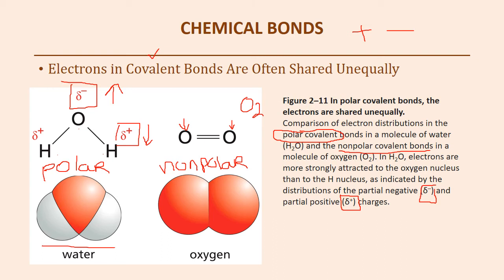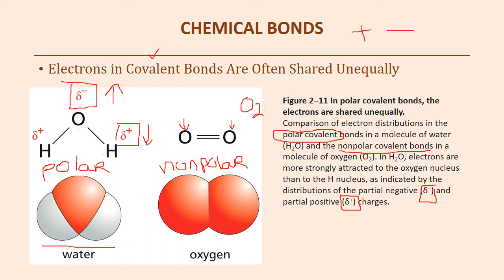All right, so just to wrap it up, covalent bonds means that we're sharing our electrons, but we don't have to share equally. If we see that one is stronger than the other, we call it a polar covalent bond. If we see that both of them are the same or they're sharing equally, we call it a nonpolar covalent bond.